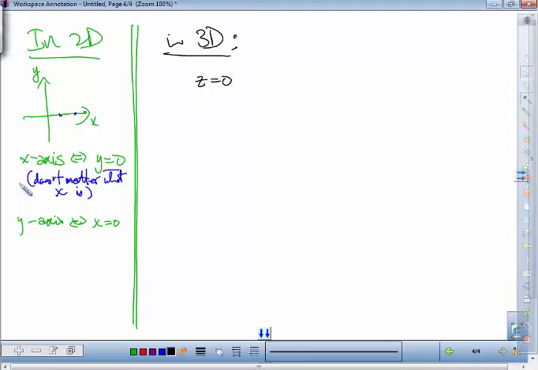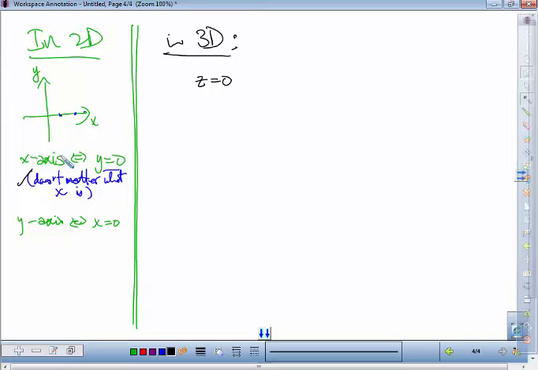And like in the two-dimensional example, it doesn't matter what x and y are equal to, z is always going to be 0. I didn't talk about points. Oh, I forgot to talk about points.